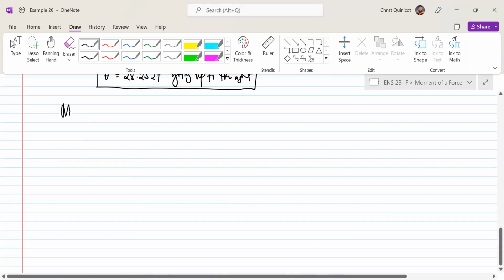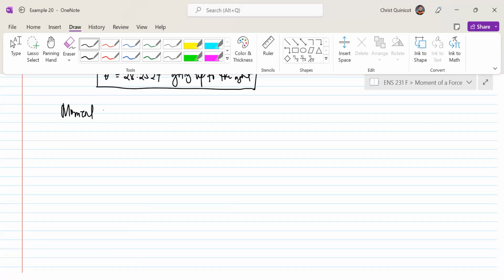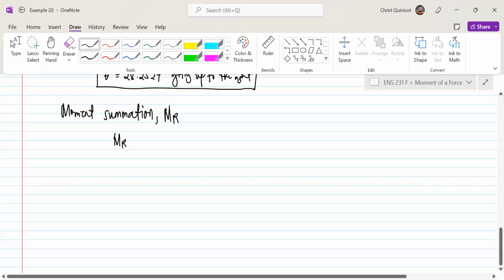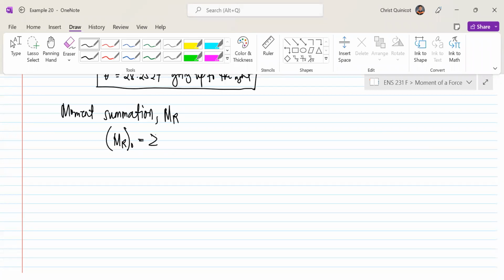M sub r, the resultant moment about point O, is equal to the sum of all moments that act about point O, assuming counterclockwise positive.